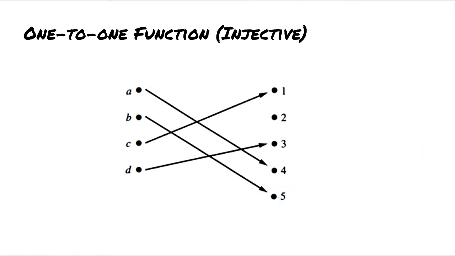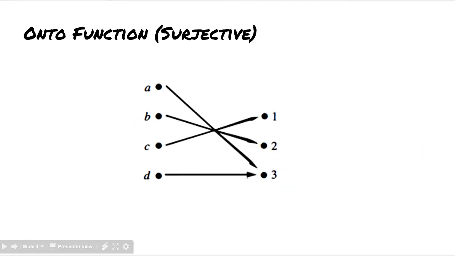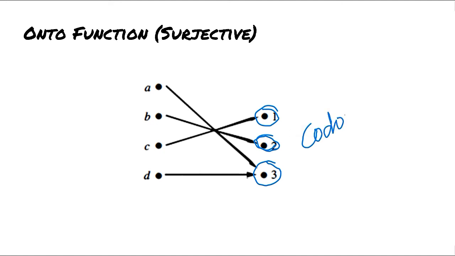Another case, we have onto function, and as visible here, our codomain is equal to the range.